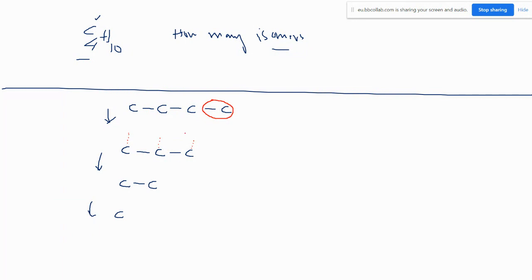If I make 2 carbons in the main chain, it means I have to remove 2 carbons from here and make a branch here, here, or here. If I make 1 carbon, it means I will make 3 carbons as a branch. So how can I make 3 carbons? I will write 1 carbon here, 1 here, and 1 here, like this.